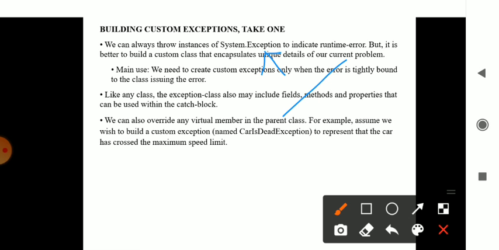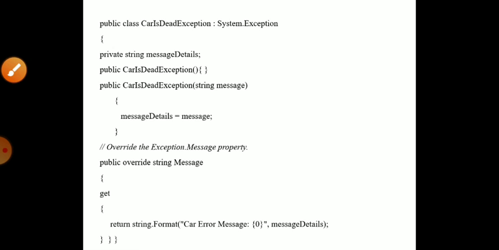Okay, and here an example related to a car is considered. A car may have a speed limit. When it is crossed, it will give a car is dead exception. Like that, an exception is generated. So in this concept you can see the example.